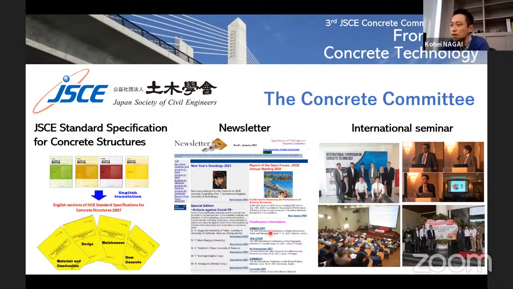We also issue a newsletter 3 times a year, so you will receive this newsletter as well. We used to have an international seminar every year before COVID-19, but in these 2 or 3 years it's been quite difficult.